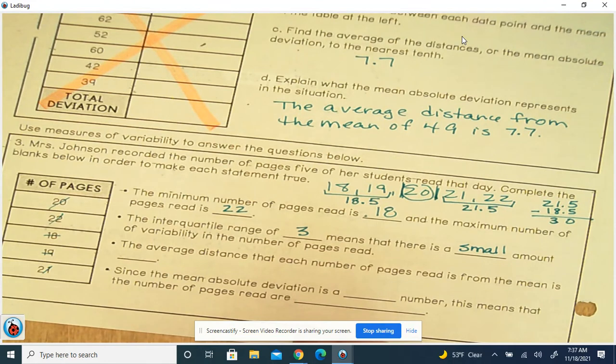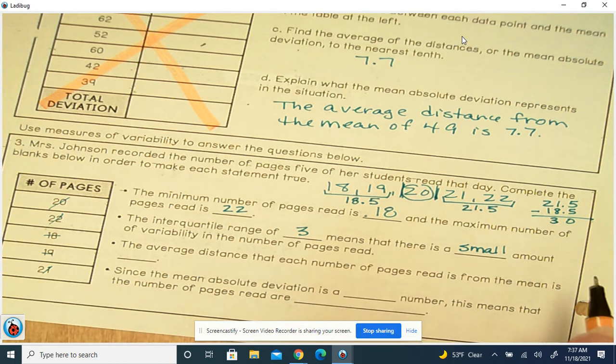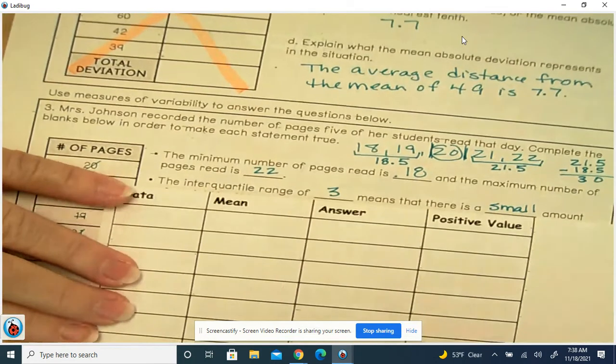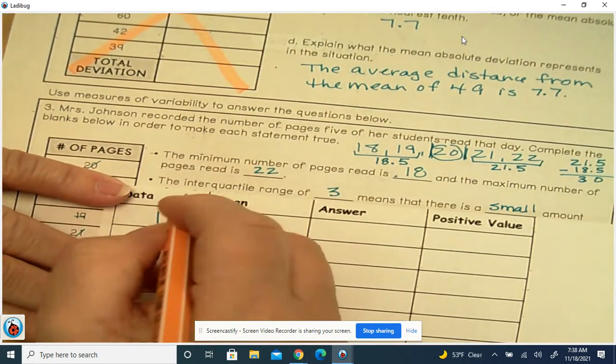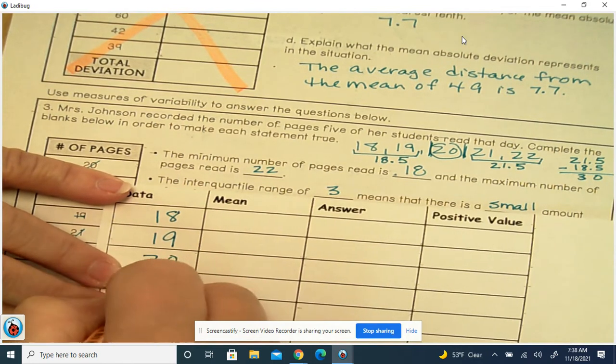The average distance that each number of pages read is from the mean is. So we would have to do a mean absolute deviation from there. So if we've done that, and we took another table, and we listed that data, we would have 18, 19, 20, 21, and 22.